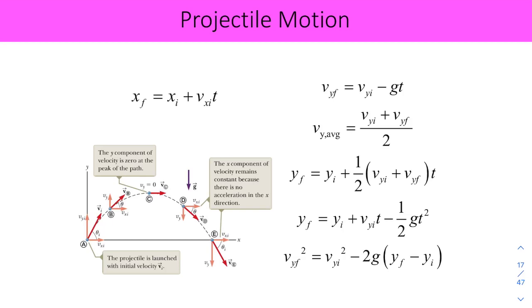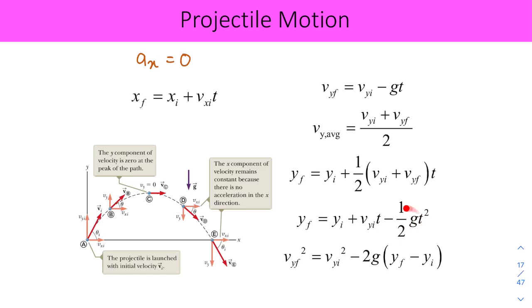Where is the x component? Only this one. Why is it so? Because ax is always 0. If you substitute to this equation, you will get vx initial equivalent to vx final. If you substitute to this equation, you will get x final equivalent to x initial plus vx initial t.